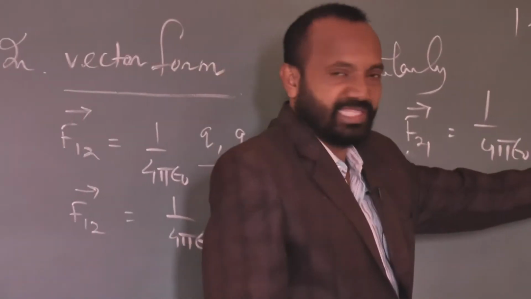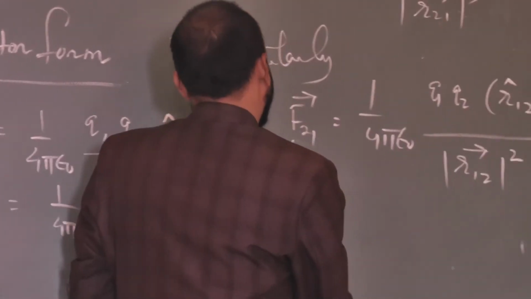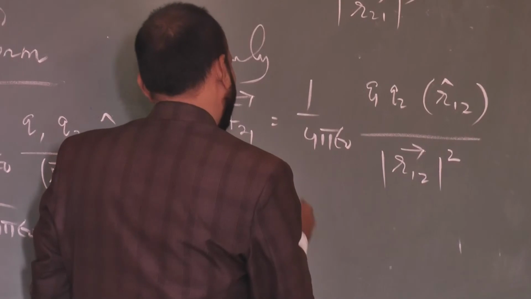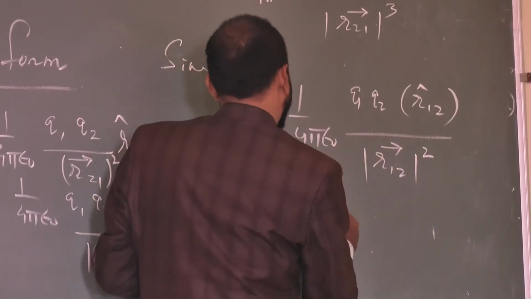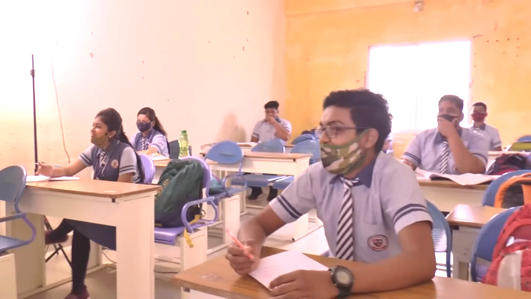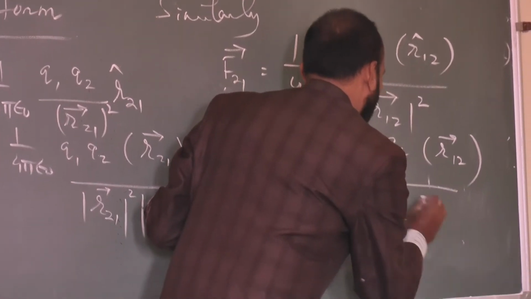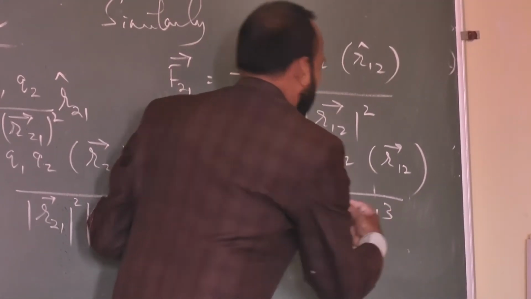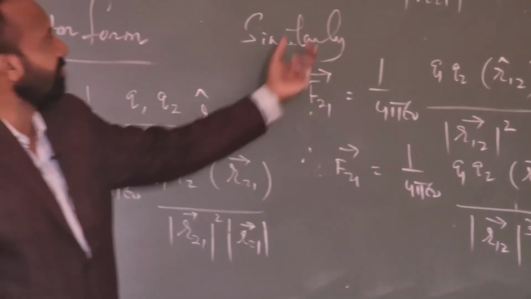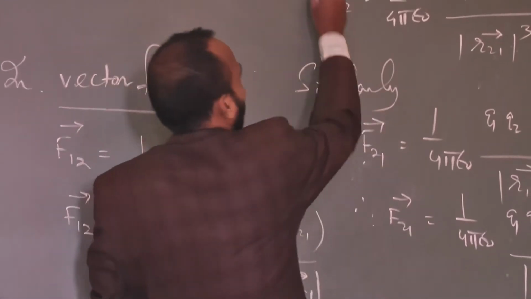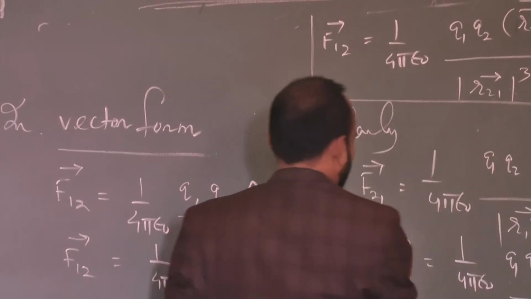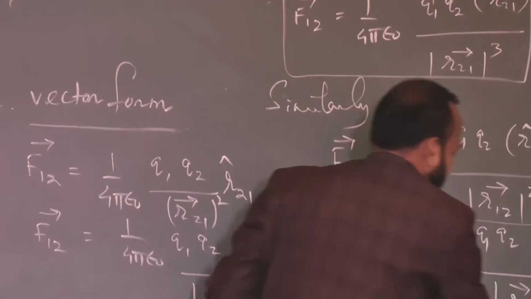Again unit vector, I can split the unit vector, then therefore F21 vector will be equals to 1 by 4 pi epsilon naught Q1 Q2. This is your R12 vector divided by modulus of R12 vector whole cube. So this is also a vector form expression of the force, and this is also a vector form expression of the force.